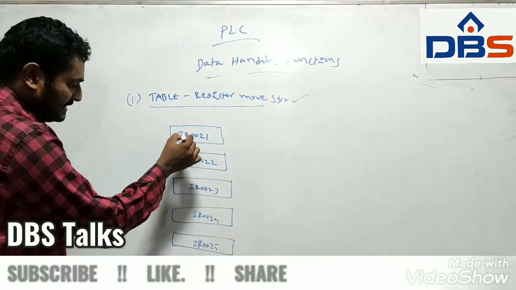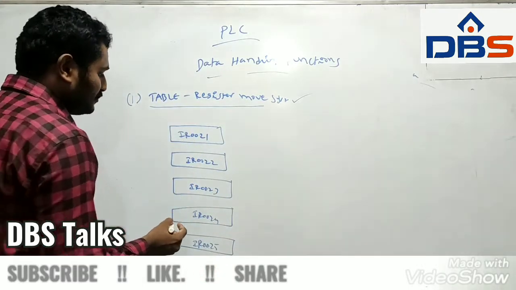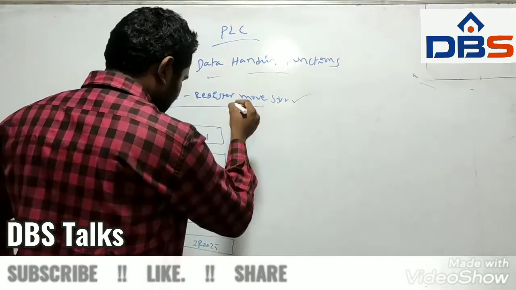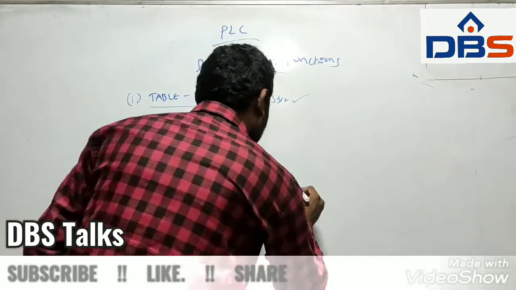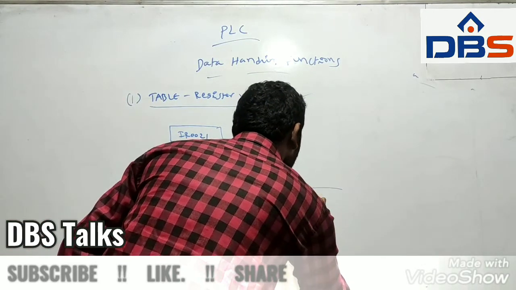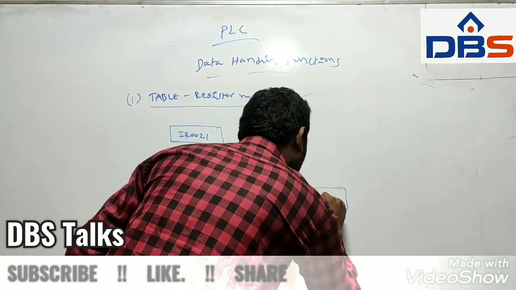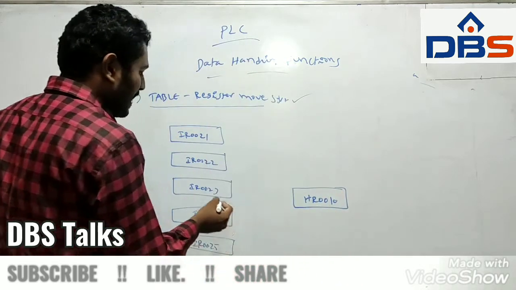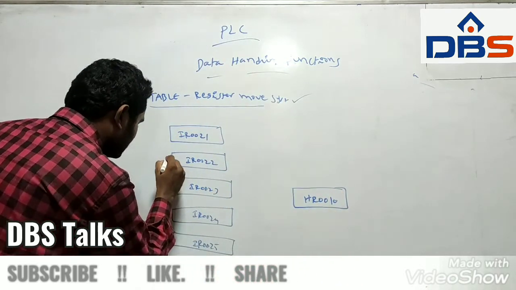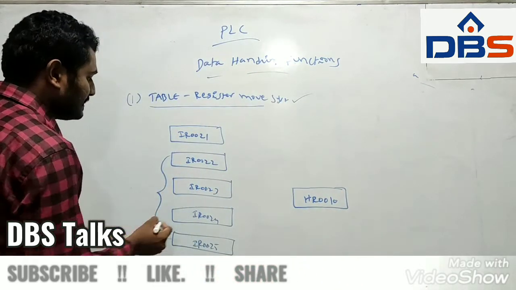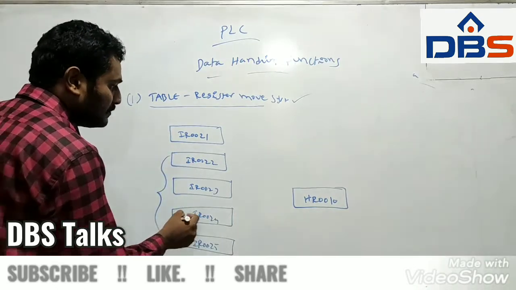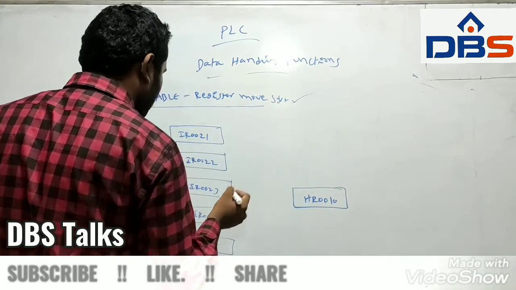By using these registers, we have to move the data into a single register. I am taking these 4 registers. So these 4 registers of data we have to move into this single register.